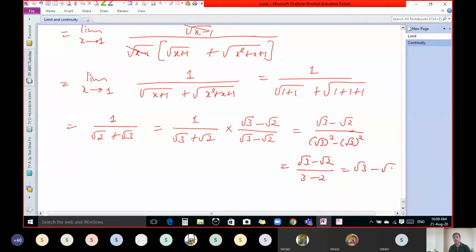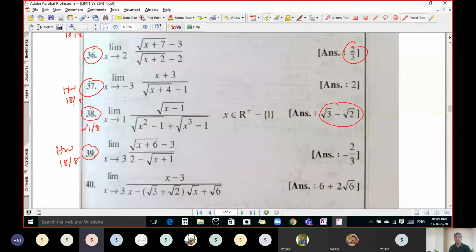So the final answer is root 3 minus root 2. Either you can write this answer or that answer, both are correct. In the book it is written as root 3 minus root 2, so to get that particular answer, we require some modification.